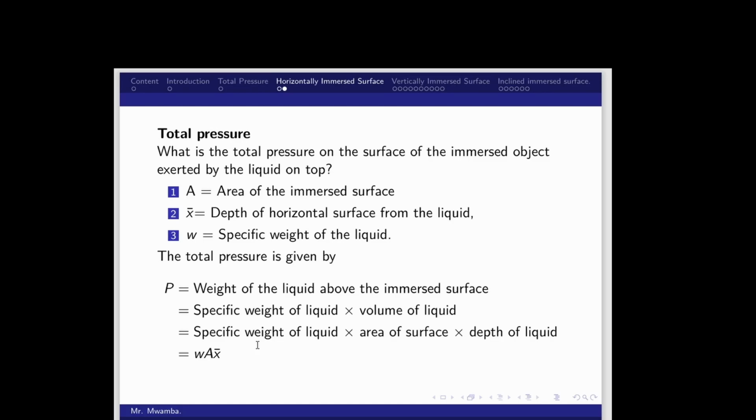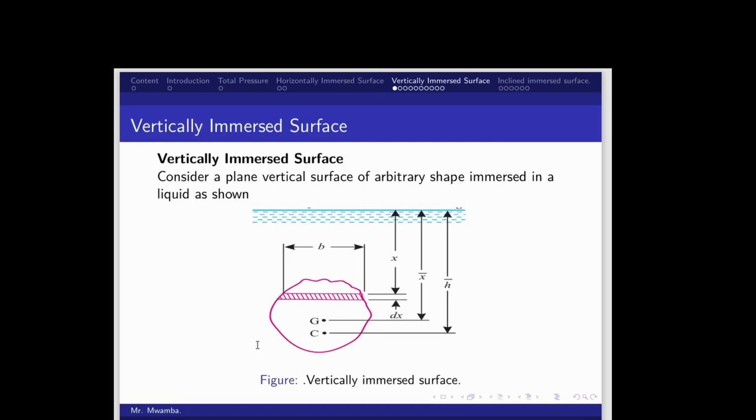Now, in a case where the object is vertically immersed, how do you find the total pressure? First of all, you need to take note of two positions on an immersed object: point G and point C. Point G is also known as the center of gravity, or the center of mass.